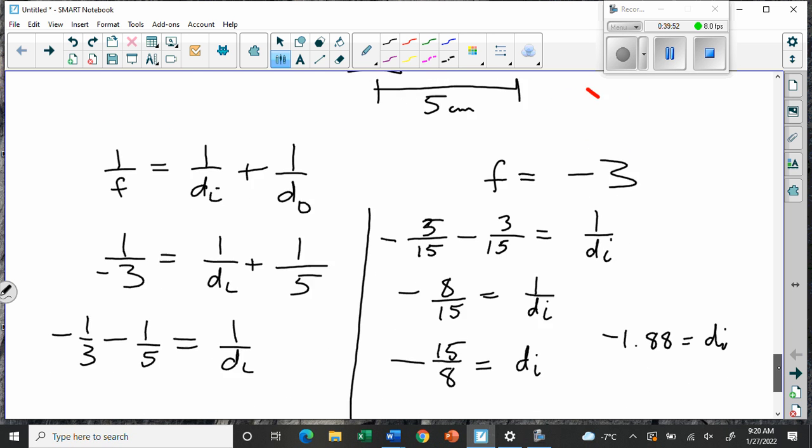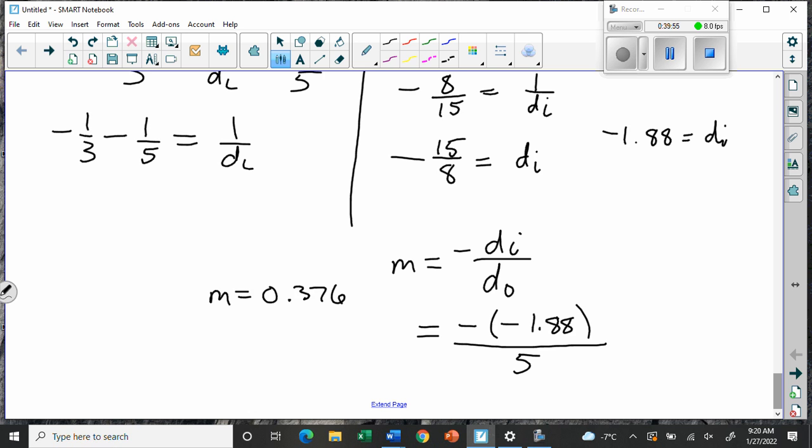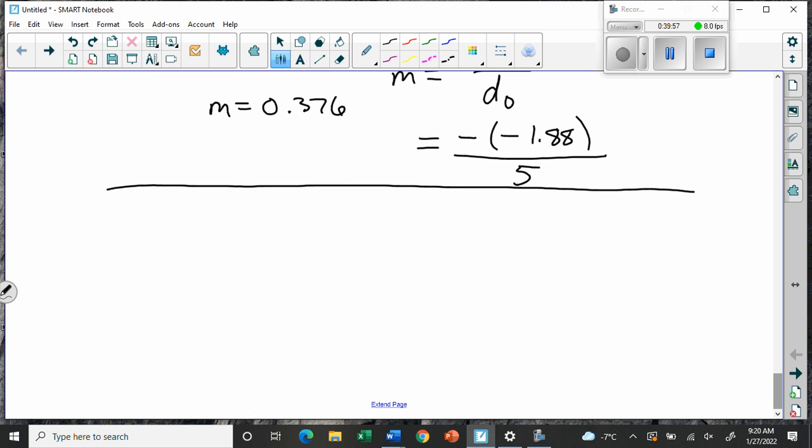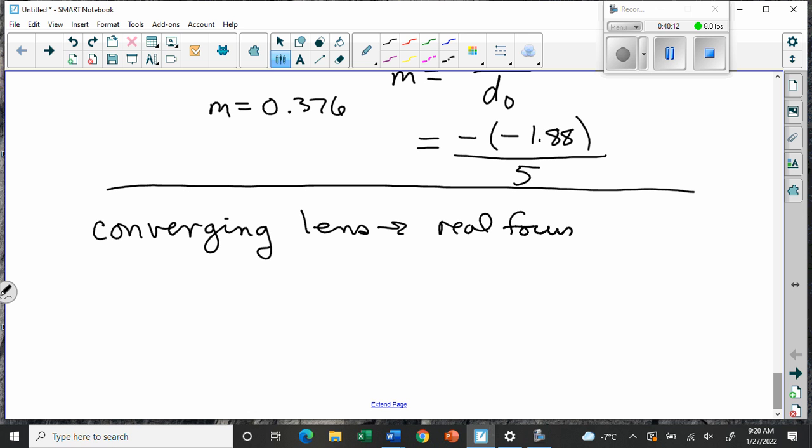So what we've learned here is that we can understand some simple rules for assigning the negative signs to the lenses. Okay? So in a converging lens, we always have real focuses. And so the focuses are always positive. And we tried that in all the two different scenarios, and it worked.